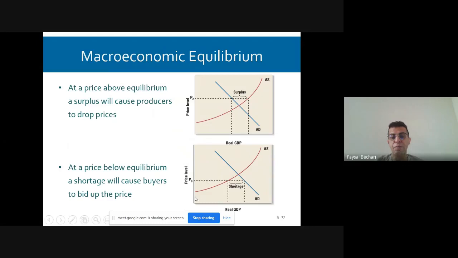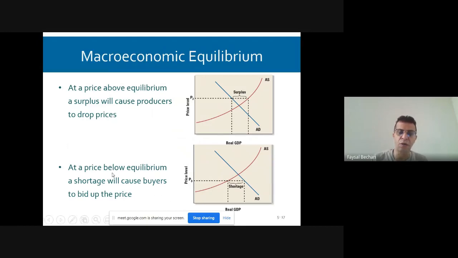Now, at a very low price level, we will have a shortage, because people have purchasing power and want to buy more, and there is less supply because the price is low and the profit is low. So the suppliers will be supplying less, and there is a shortage here, as you see.